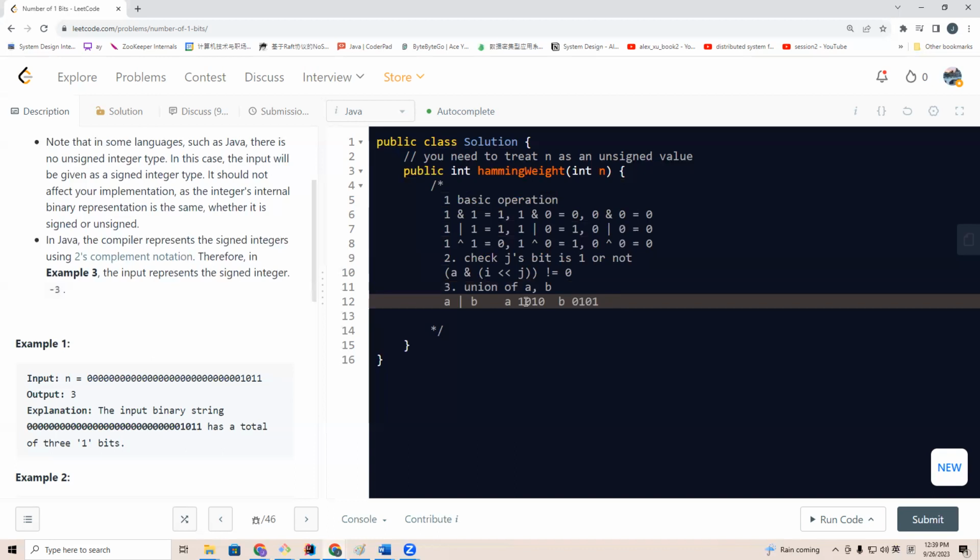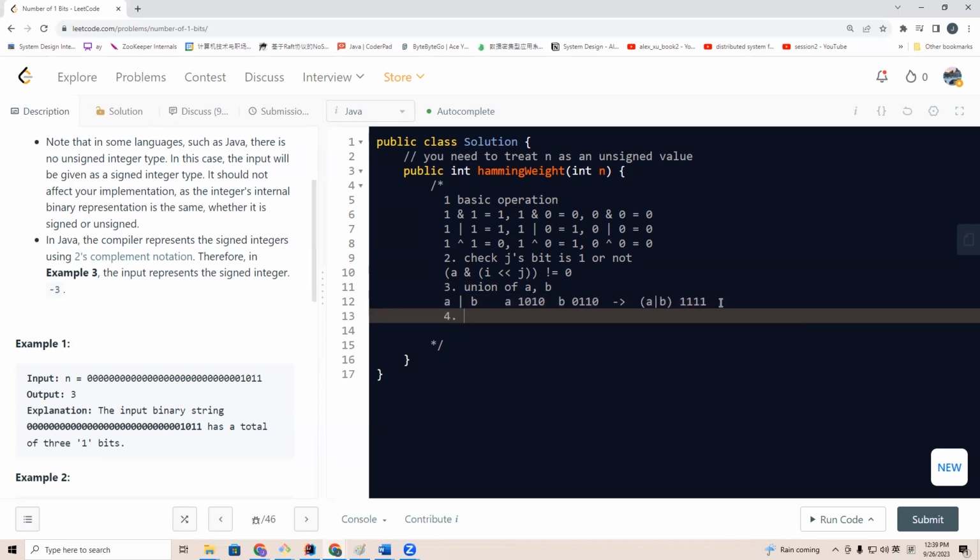The union of A and B will be 1111, right? That is also A OR B. So this is a union.